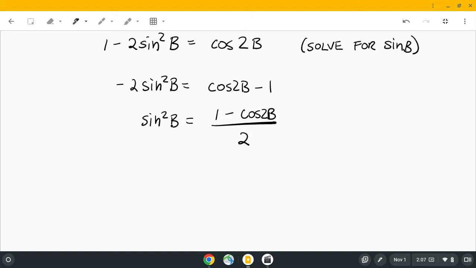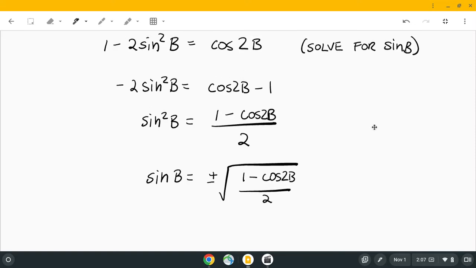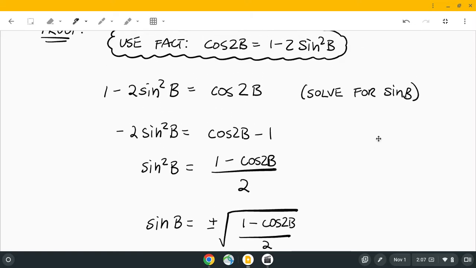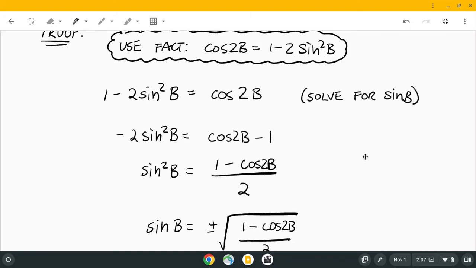Now I can take the square root of both sides. And when I do that, sine b equals plus or minus the square root of 1 minus cosine 2b all over 2. All right, so there we have it.